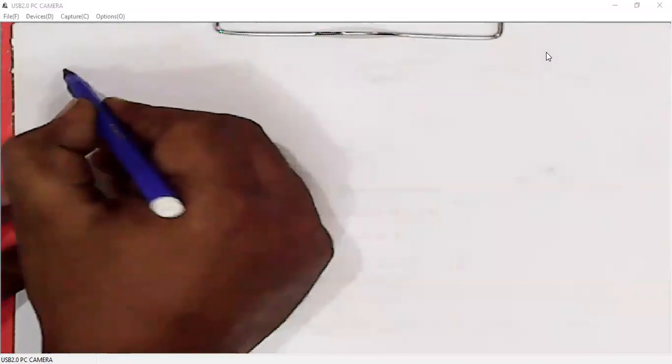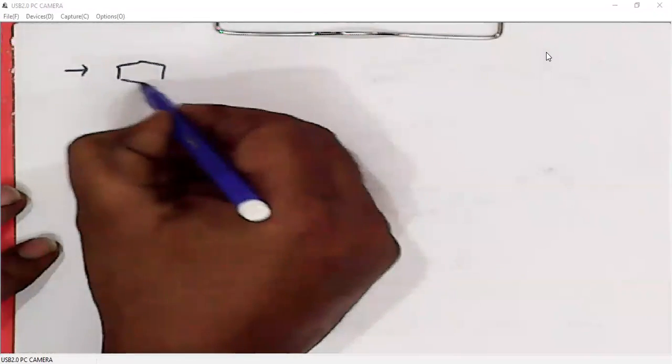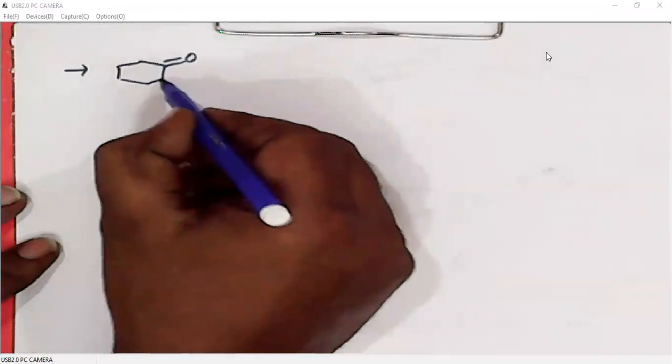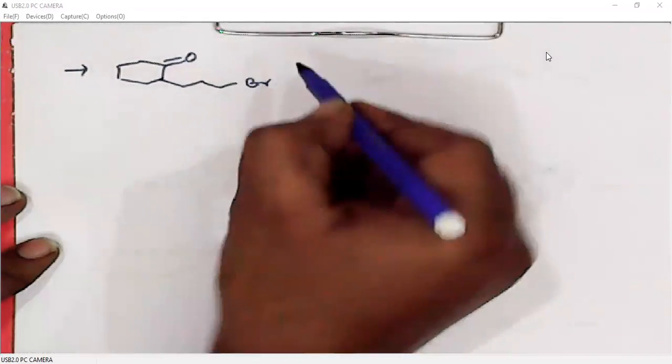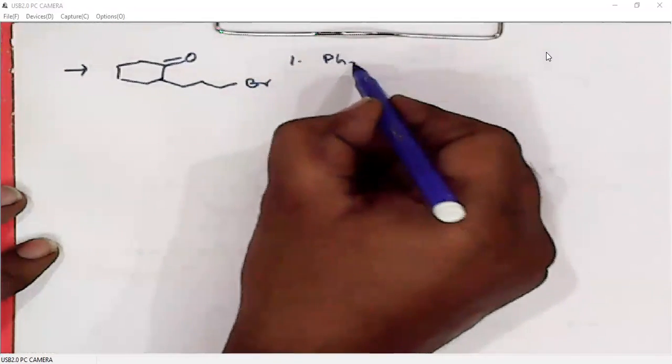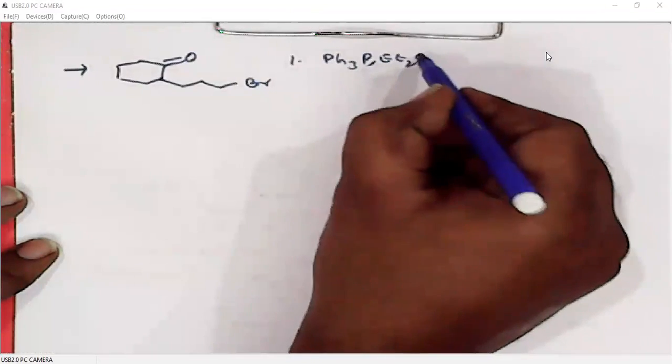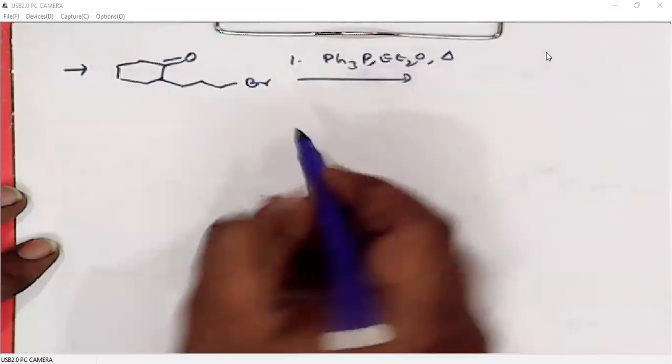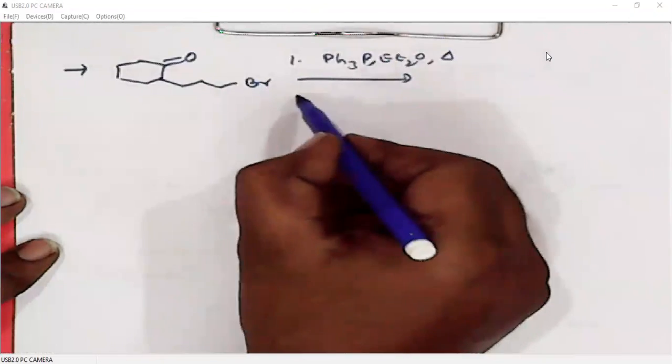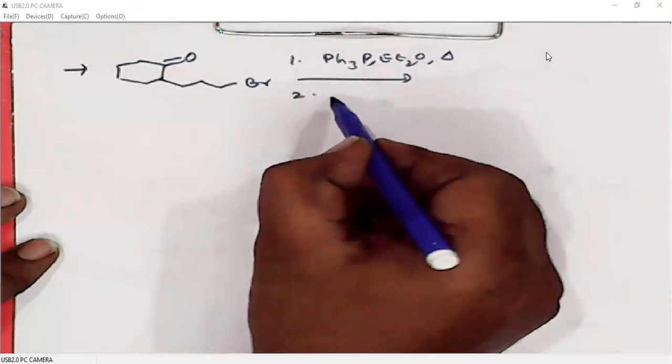We'll write more examples. So this is an Arbuzov reaction. Then we will treat this with a strong base.